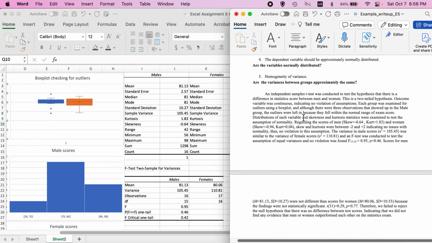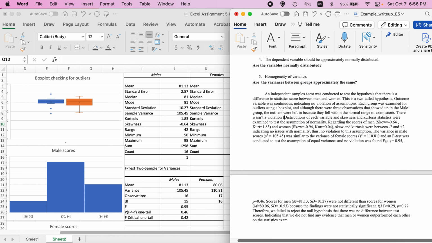Oh, I would also put there wasn't a violation for outliers to report.